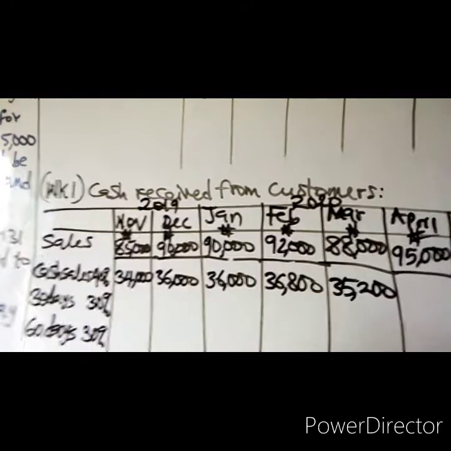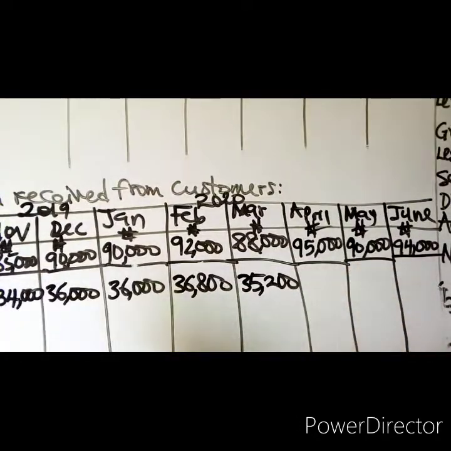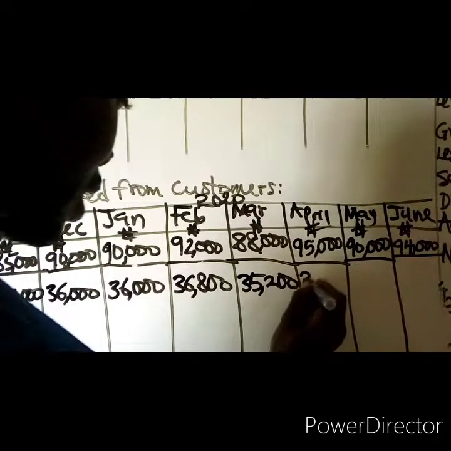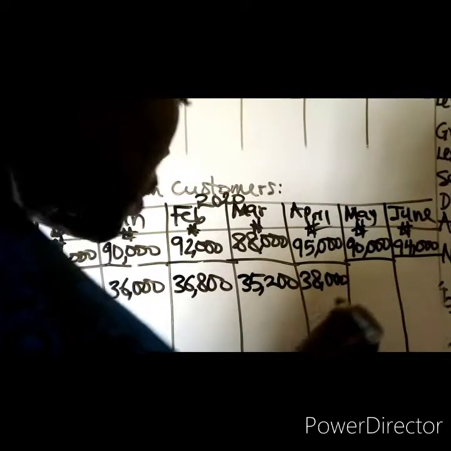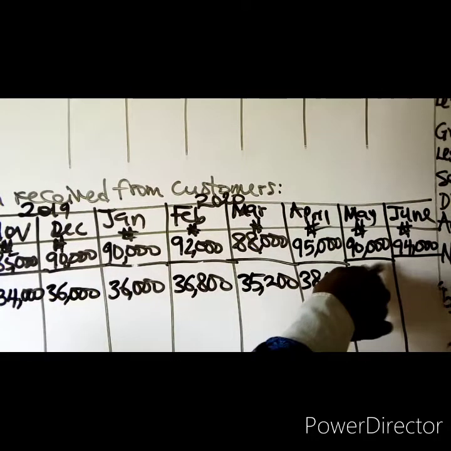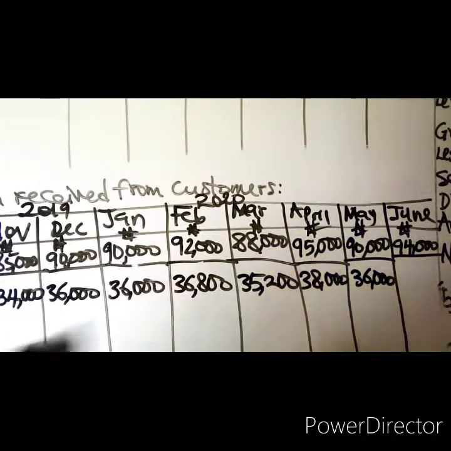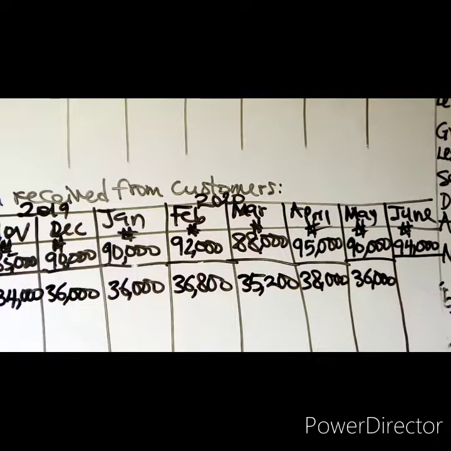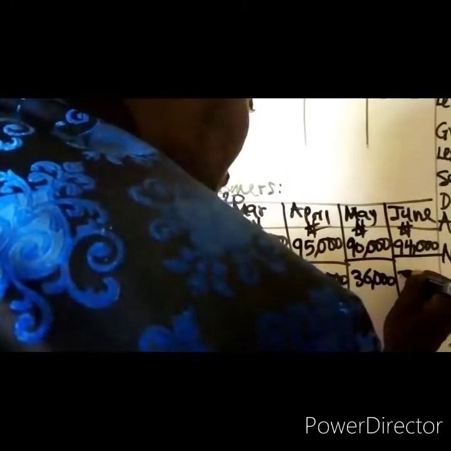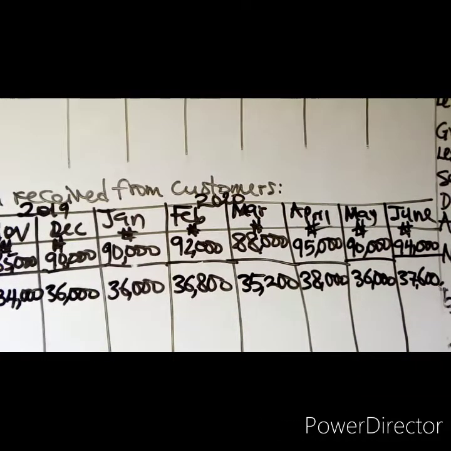These are cash sales. 40% of 95,000 will give us 38,000. 40% of 90,000 will give us 36,000. And 40% of 94,000 will give us 37,600. The cash sales will be received that very month the sales were made.